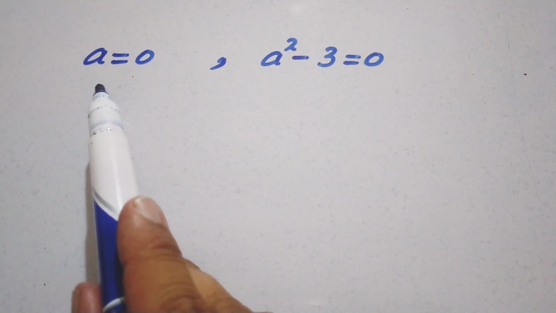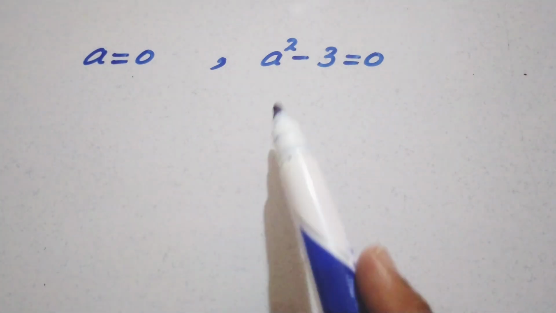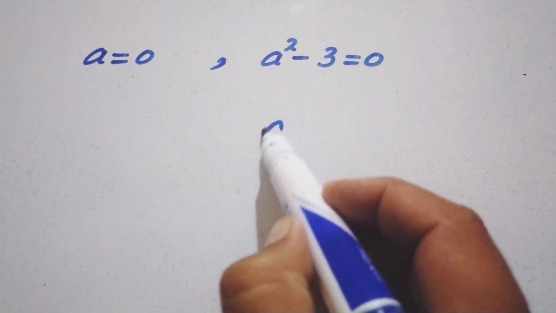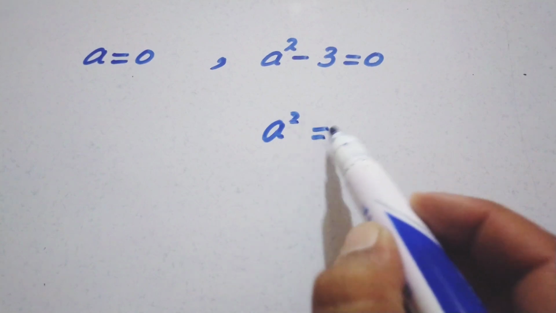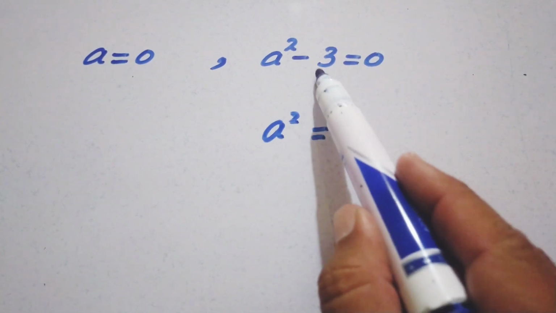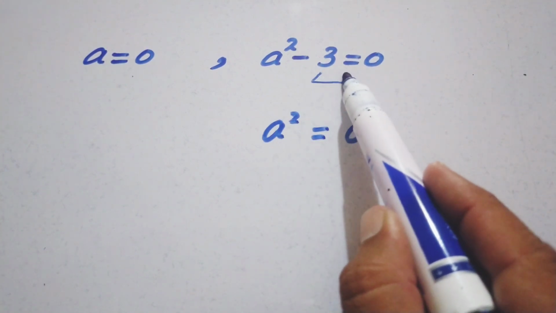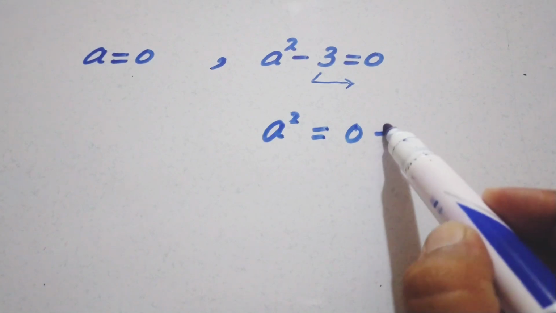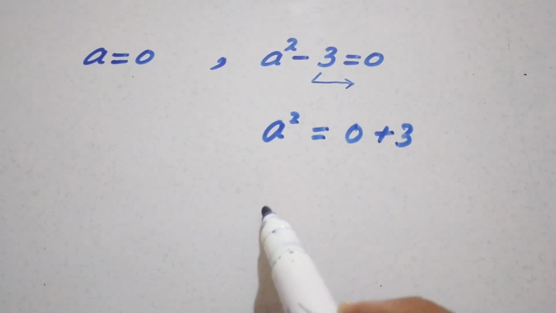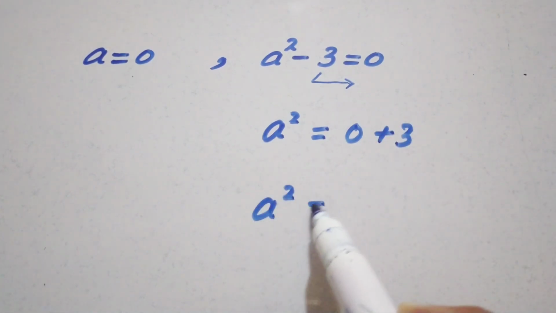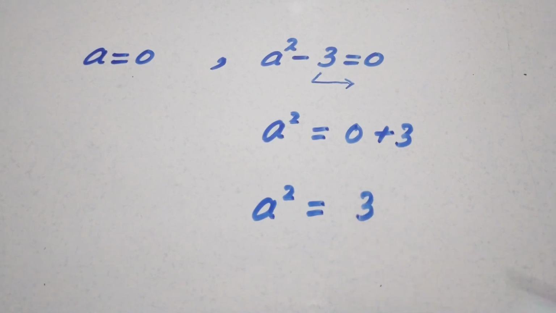This is the first value of a. From this we get a squared is equal to 0 plus 3, which is 3, by moving the negative 3 from the left-hand side to the right-hand side and it becomes positive 3.